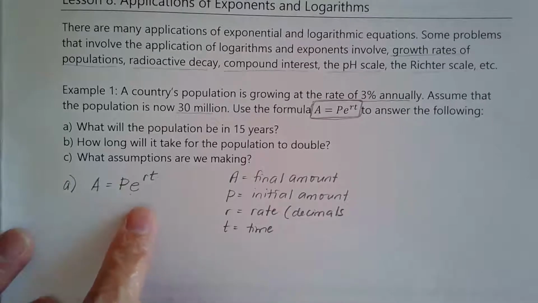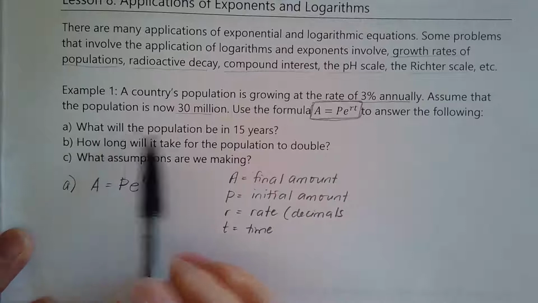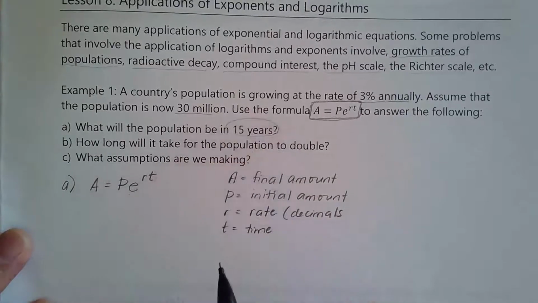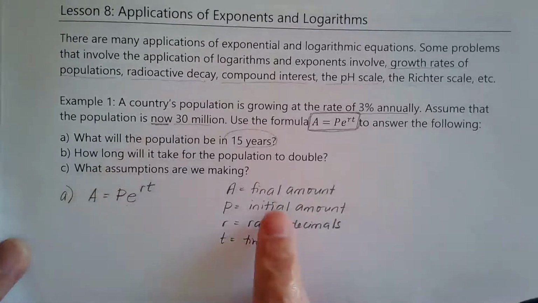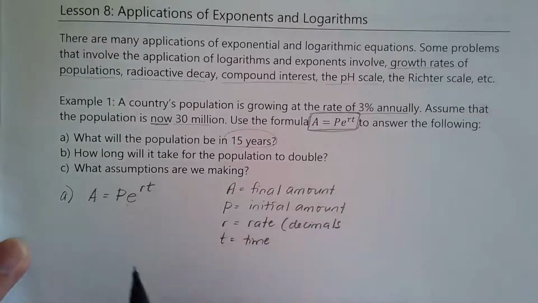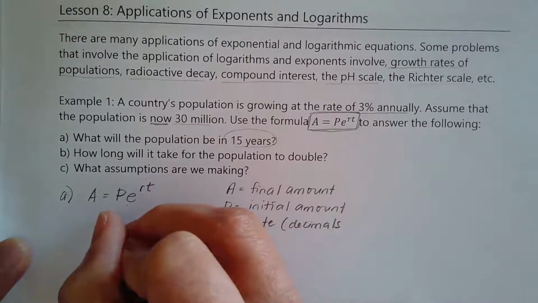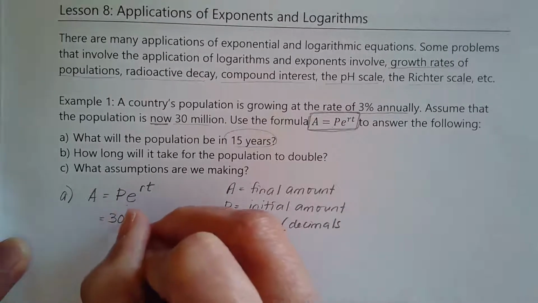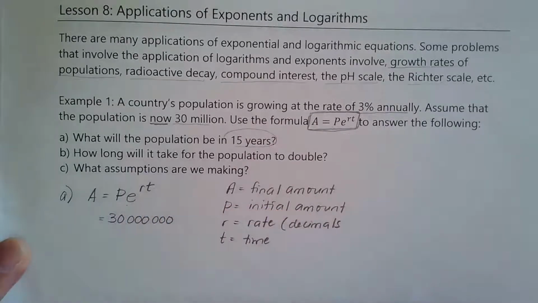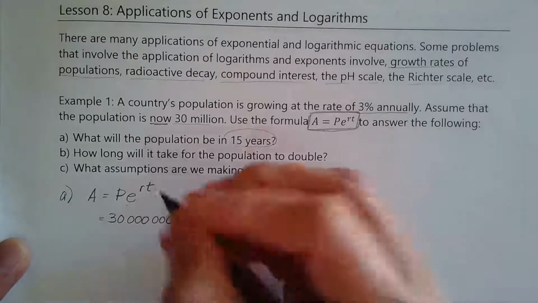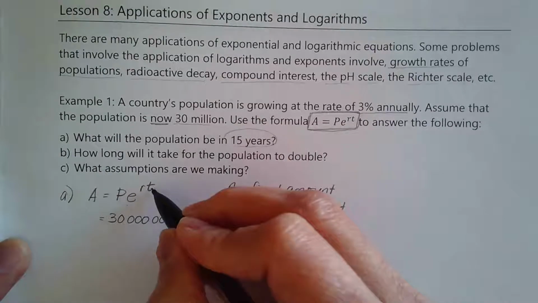So let's look at the given information. What will be the population in 15 years? The population now is the current, initial amount, so the initial amount is 30 million. So I'm going to put 30 million times e to the exponent r.